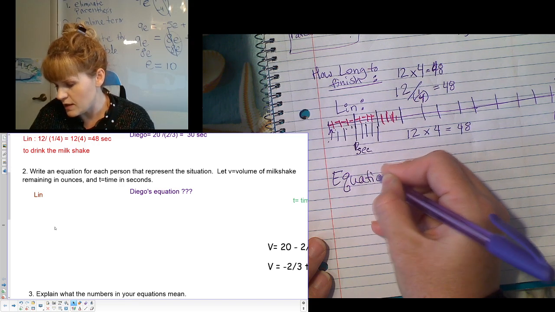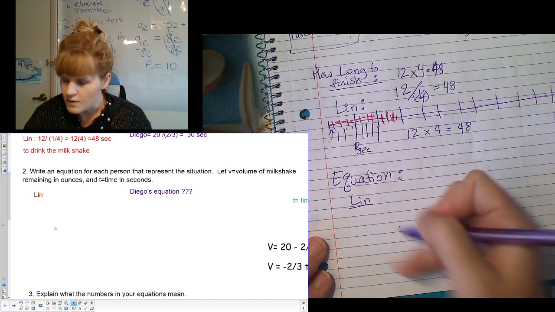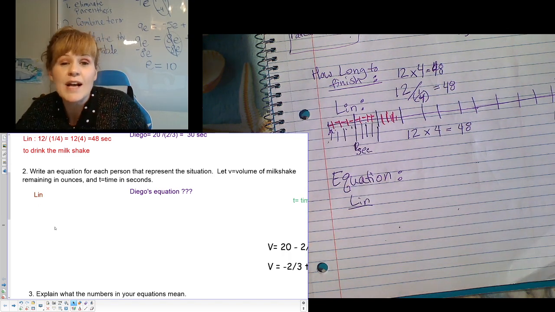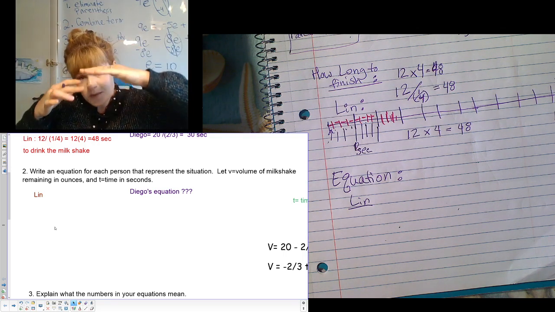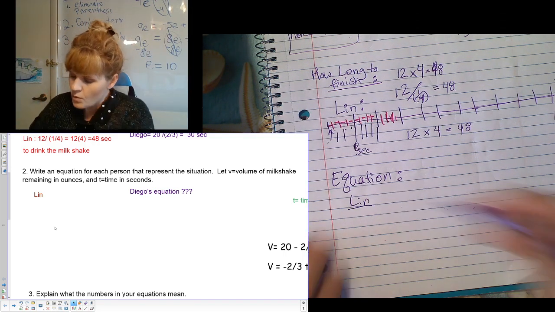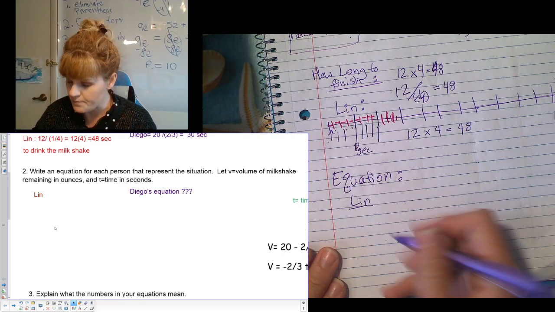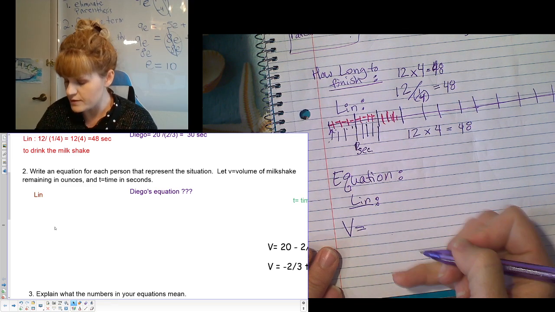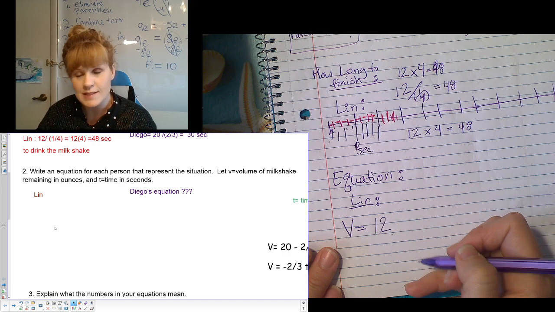You need an equation. So for Lynn, remember, writing equations, we've been doing this for a long time. This is just like the tank volume problem because the volume's going down. We're going to have V equals volume and T equals time. So Lynn's equation is the volume equals, well, he starts with 12 ounces.